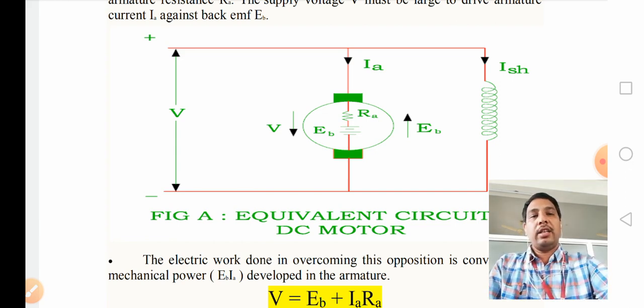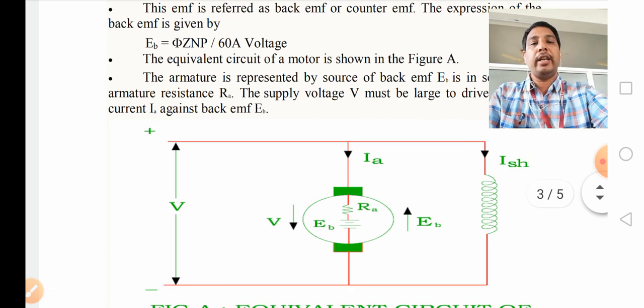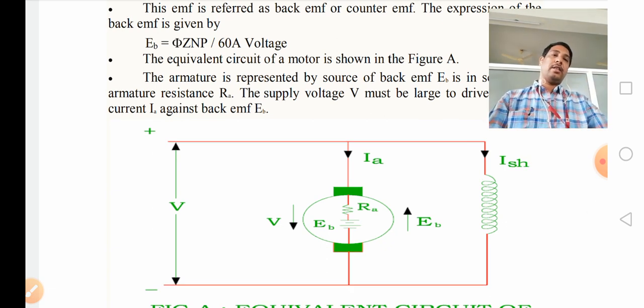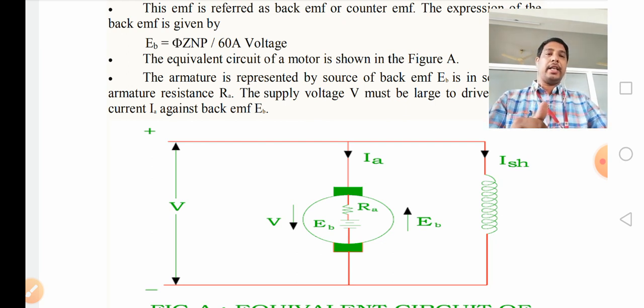And how many types of motors do we have? Similar to the DC generator, in the last class when we discussed the DC generator, there are three different types of self-excited generators. We have separately excited and self-excited types.